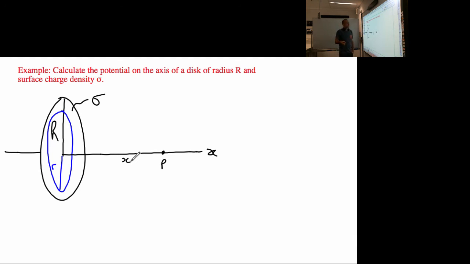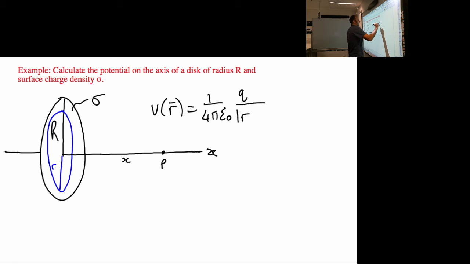So let's recount what our potential is given by. The potential V of r is equal to 1 over 4 pi epsilon naught times Q over the magnitude of r minus r prime. So what are r and r prime here? Our origin is at the center of the disk, and so r, our field point, is given by x, and r prime for a ring is given by r.